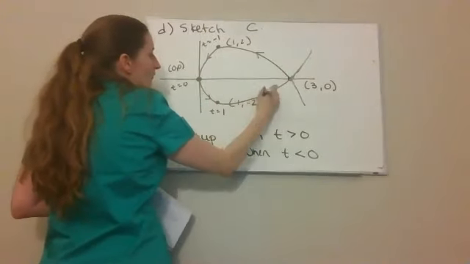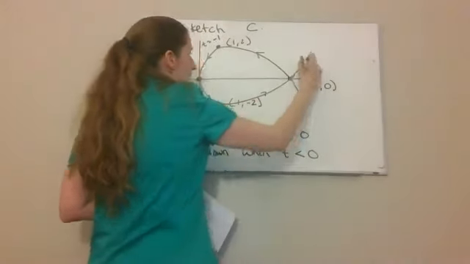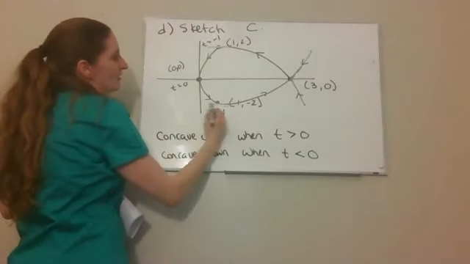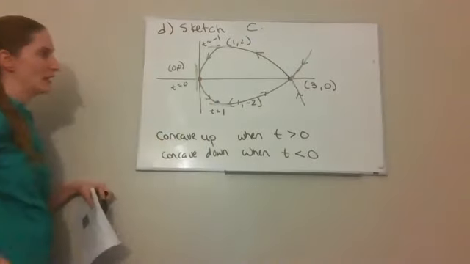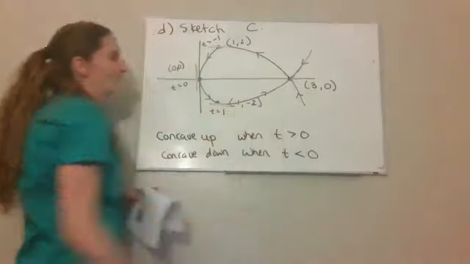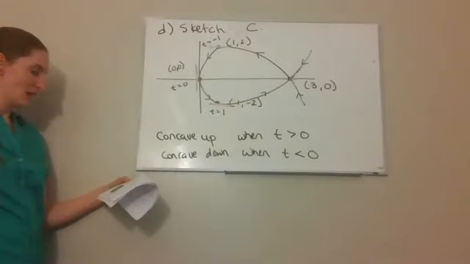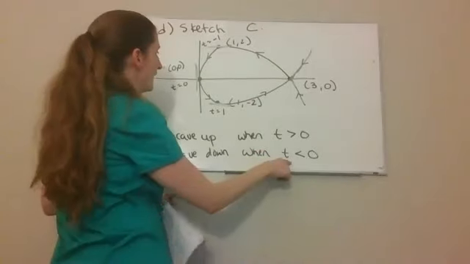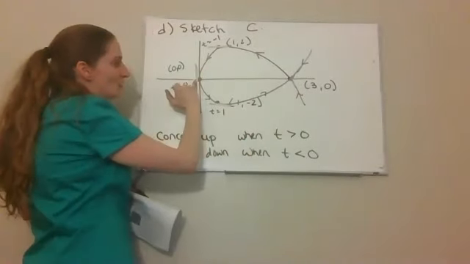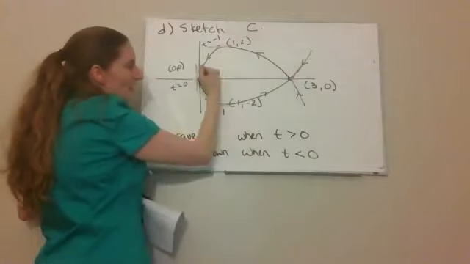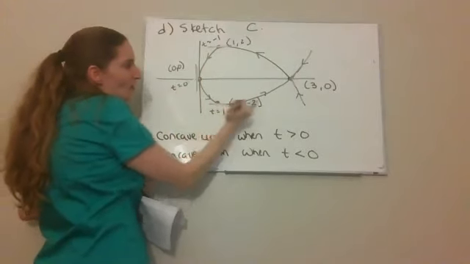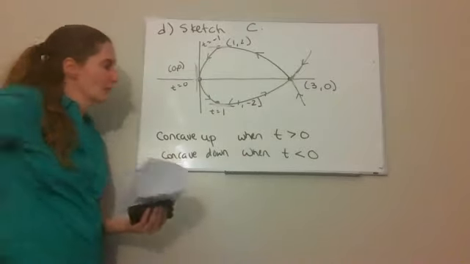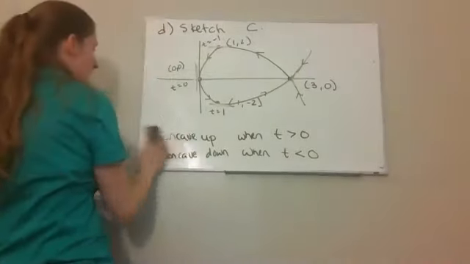This is a very, very rough sketch. But notice I have my horizontal tangent lines where I need them, vertical tangent line where I need it, my 2 tangent lines at the point (3, 0), and we get that sort of a shape. Notice that when my t was negative, which was everything until I reached this point at 0, I am concave down. And then after 0, I'm switching to concave up, so it matches that information as well.